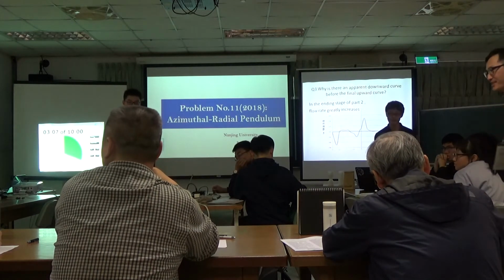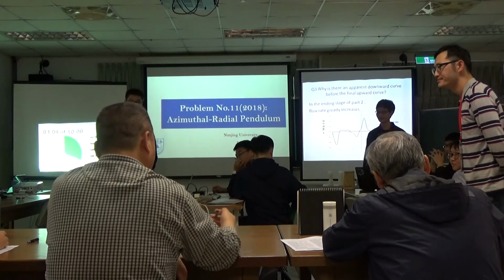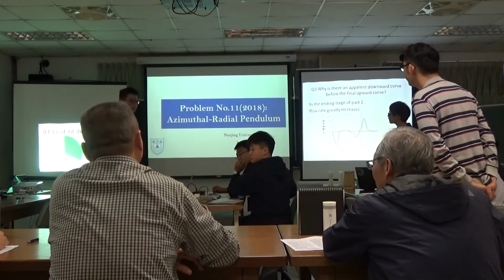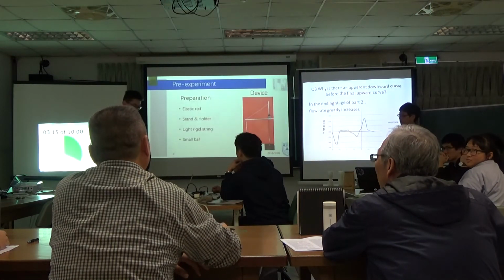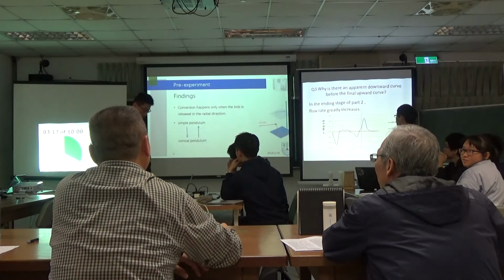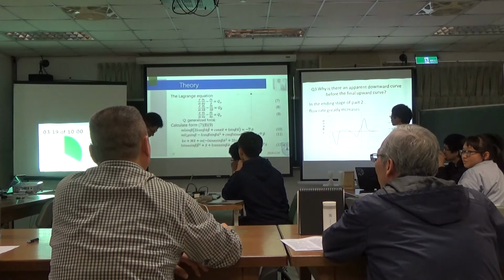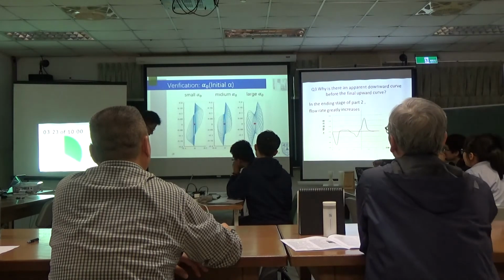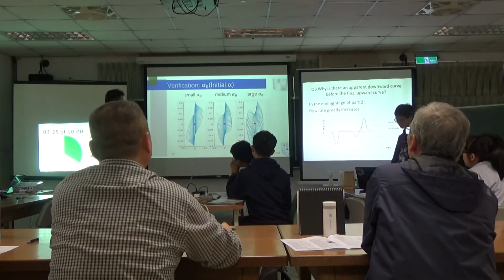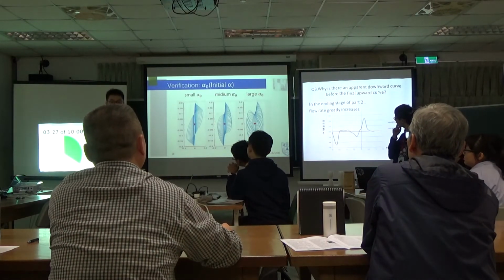Okay, I have a last question for you. You mentioned the small alpha, medium alpha, and the large alpha. Can you give me the different conditions for these three cases?